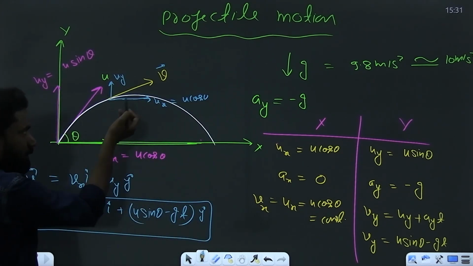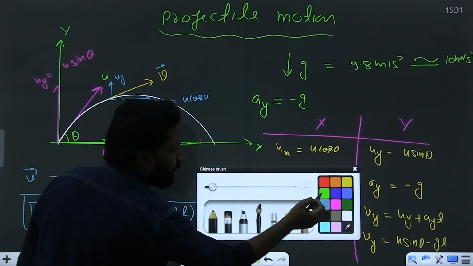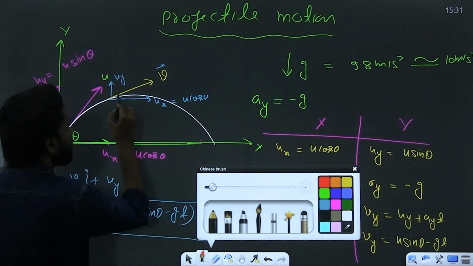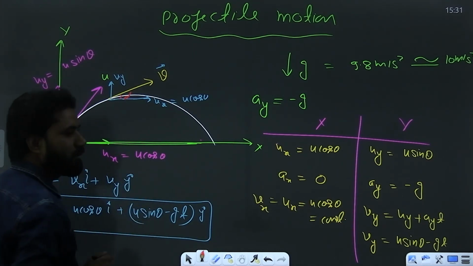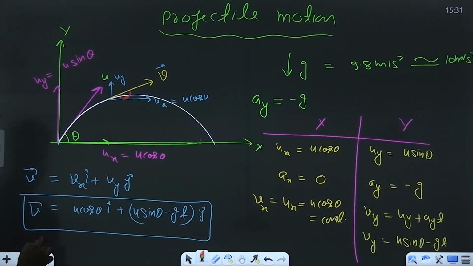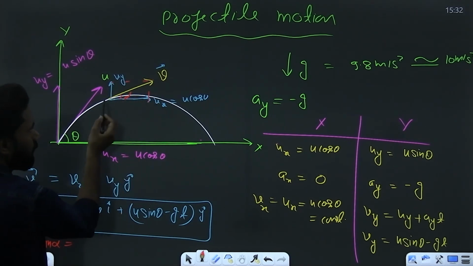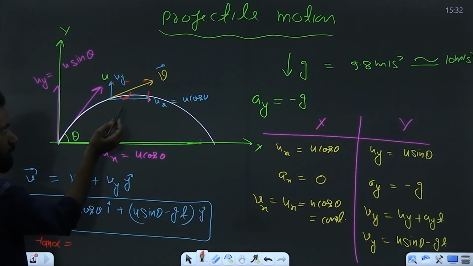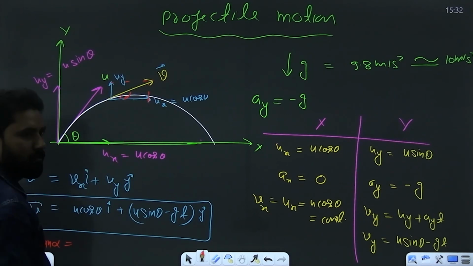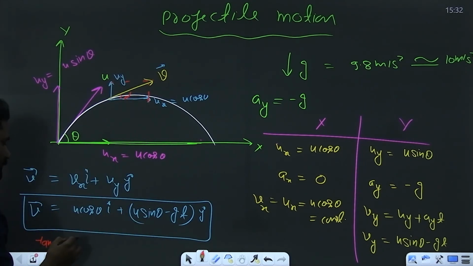Suppose the particle at time t is making an angle alpha with the horizontal. This is alpha. So how do we find the value of alpha? Simple, tan alpha is perpendicular upon base. Perpendicular is vy and base is vx.